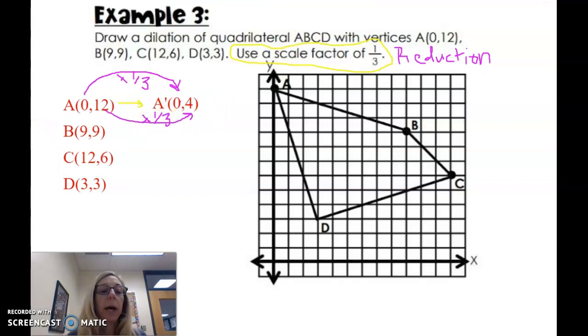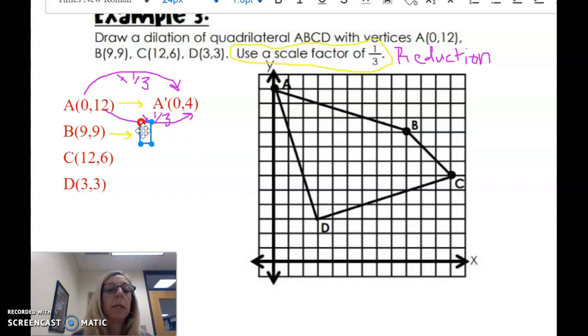I am then going to do that with points B, C, and D. And because it's a reduction, remember we're multiplying by a scale factor that's between 0 and 1. So 9 times 1/3 to get B prime is actually 3.